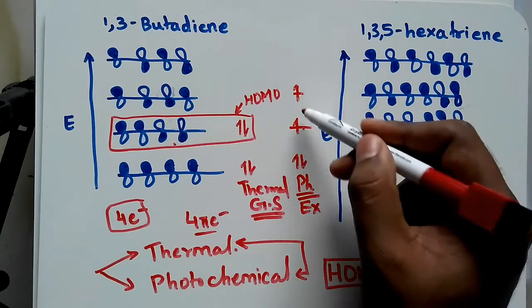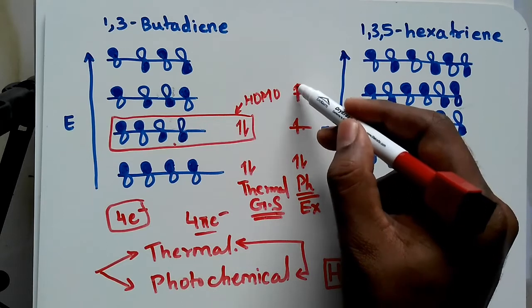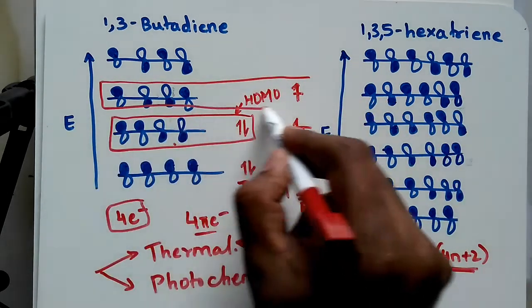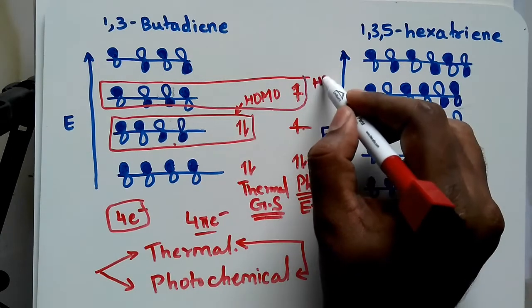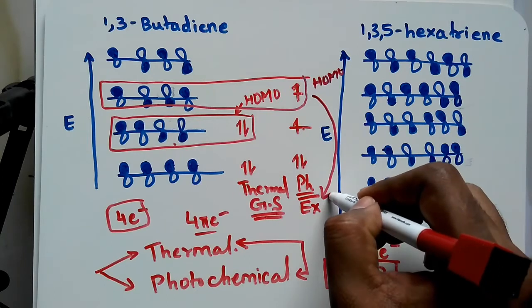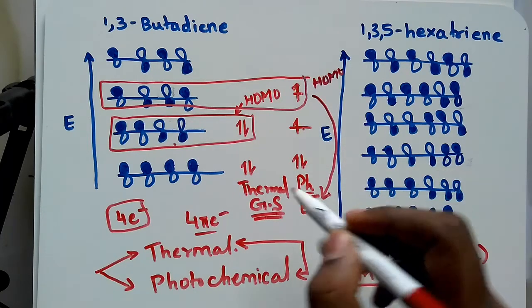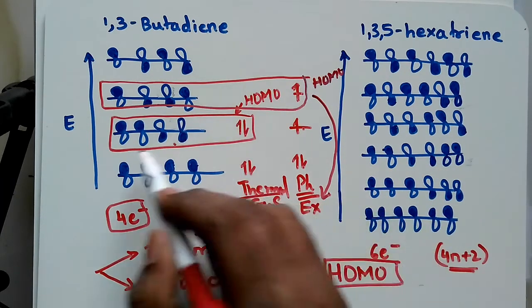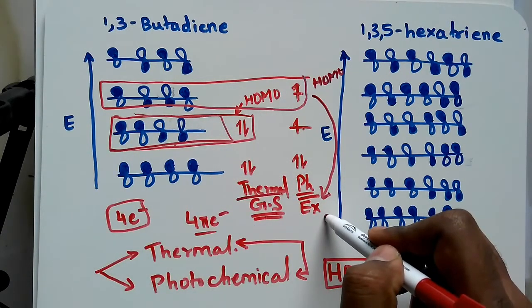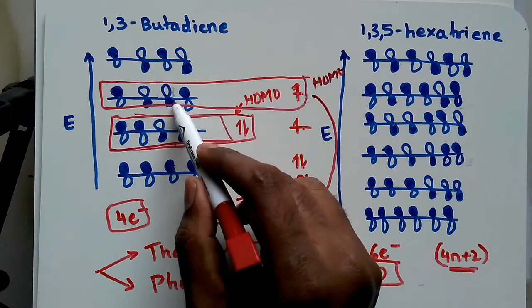In the excited state, one of the electrons jumps to the next level, and this is the new HOMO for the photochemical or excited state. So when you are considering the thermal case, consider only this orbital. When you are considering the photochemical state, consider this orbital.